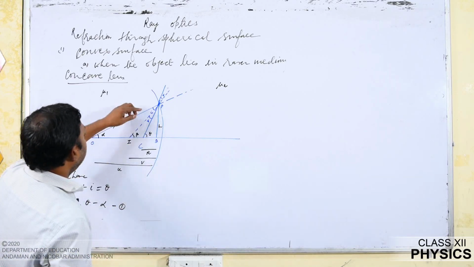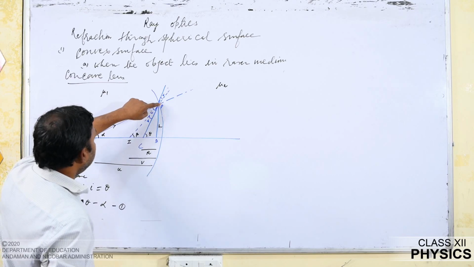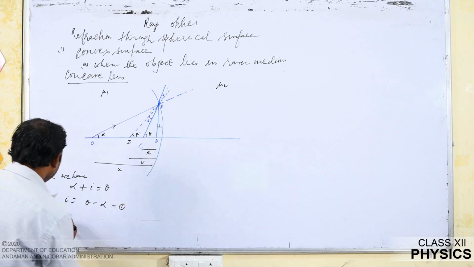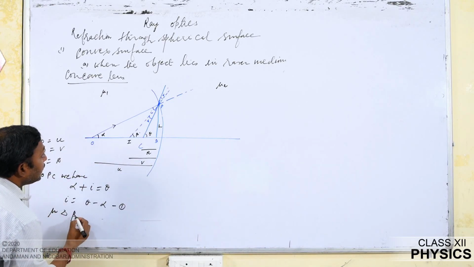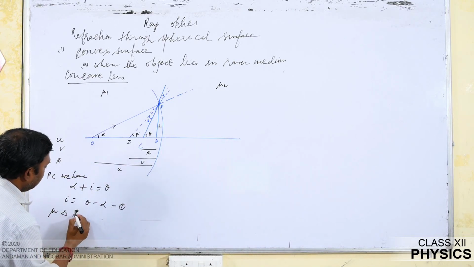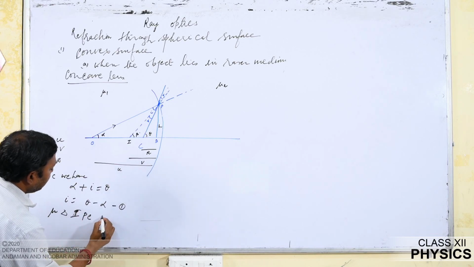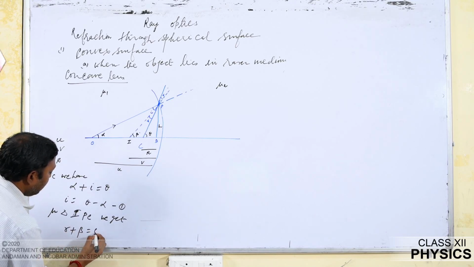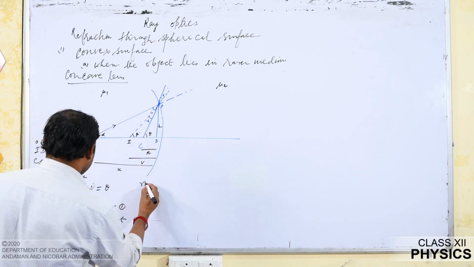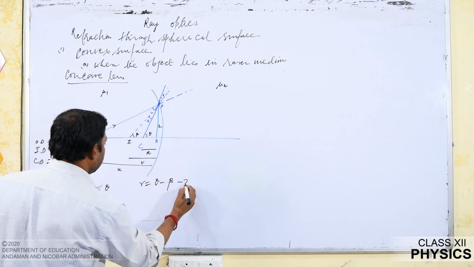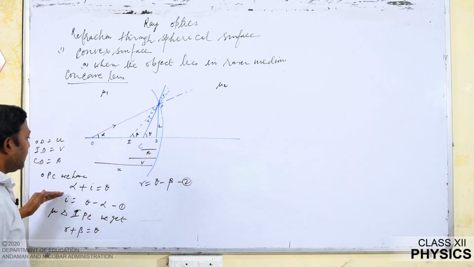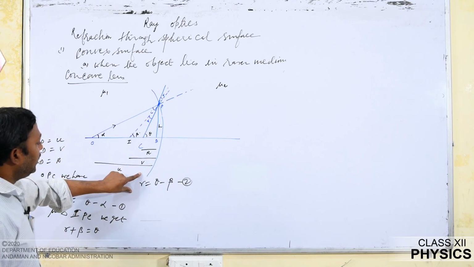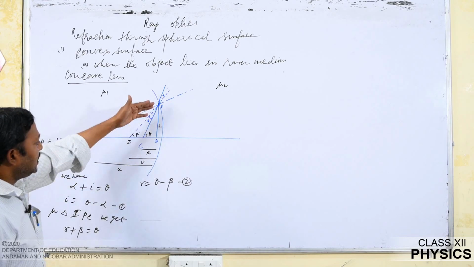In triangle IPC we have beta plus r is equal to theta, or r is equal to theta minus beta, equation 2. So, we are doing all these things in order to find out the value of i and value of r. After that we will use the Snell's law because refraction is taking place.